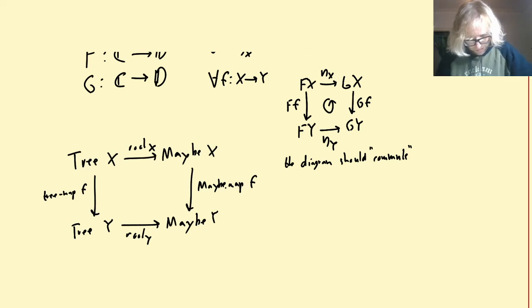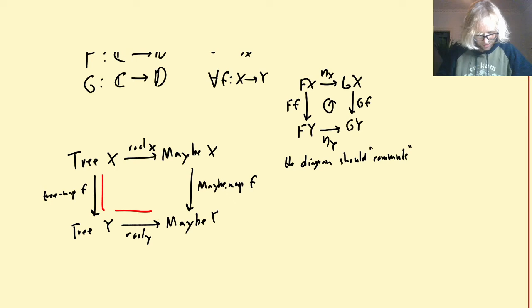so now what we're asked to prove is that if we go down and across, that should be the same thing as going across and down. So what does this mean? Well, going down and then across, that means when we go down, we're going to take all the nodes in the tree and we're going to replace them with f applied to that value, right?